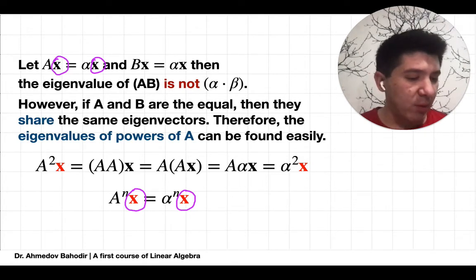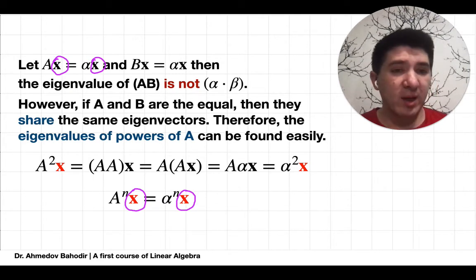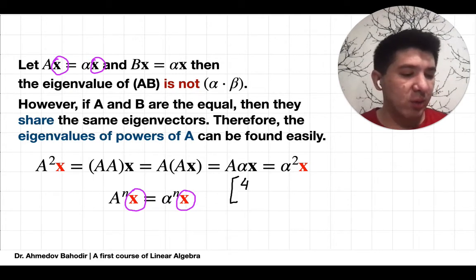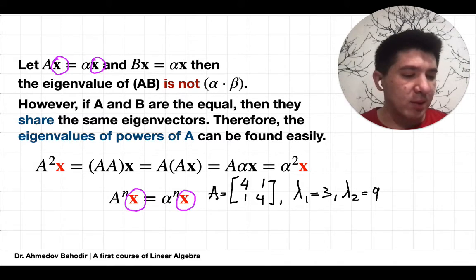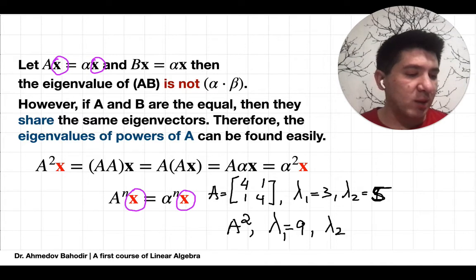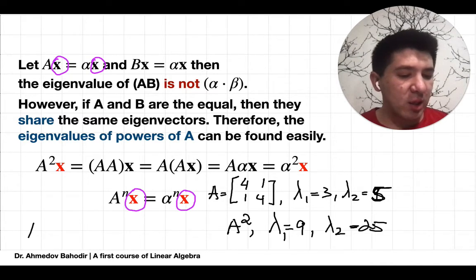So let's say we've got the matrix A from the beginning of the lecture, with the entries 4, 1, 1, 4, with the eigenvalues equal to 3 and 5. If you square this matrix, the eigenvalues are going to be 9 and 25, and the cube of A is going to have the eigenvalues equal to 27 and 125, and so on.